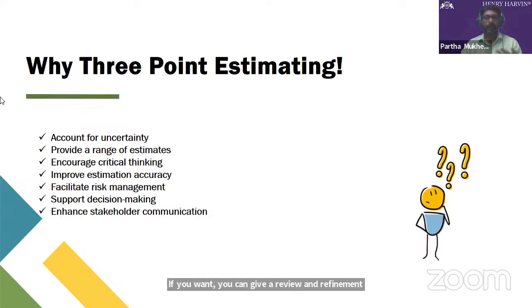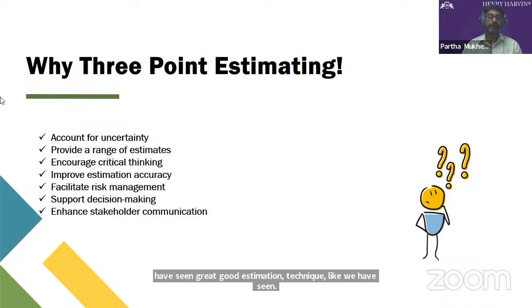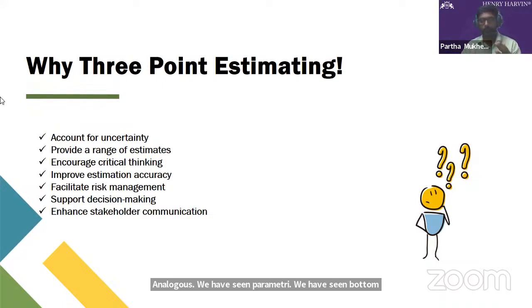Okay. Now, why perform this estimation technique? We have seen good estimation techniques, like analogous, parametric, and bottom-up estimation. Still, why do we do this? We do need this 3-point estimation technique to account for uncertainty.